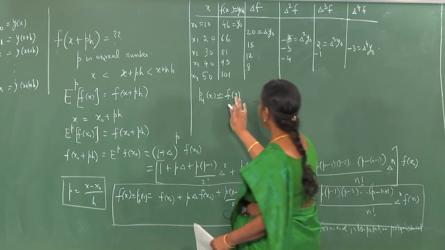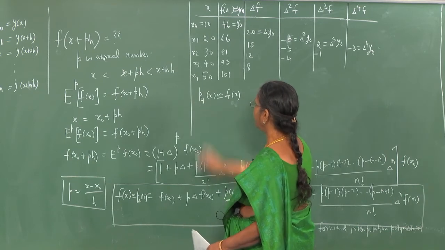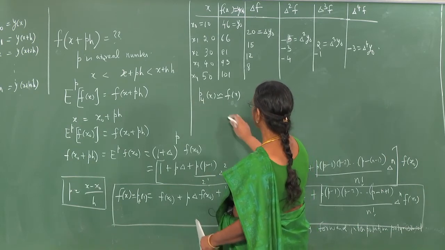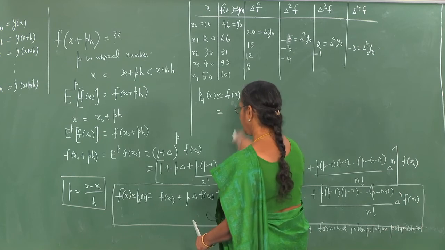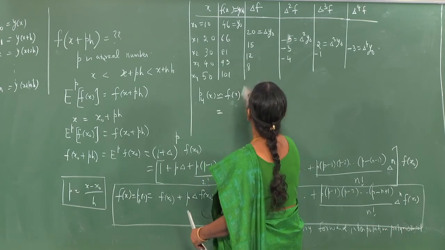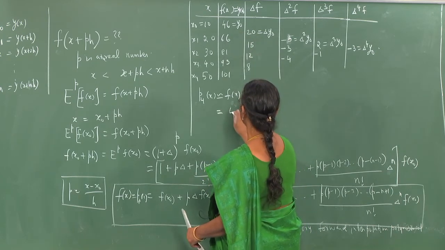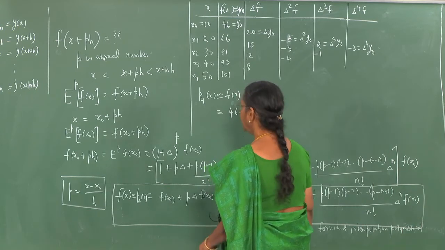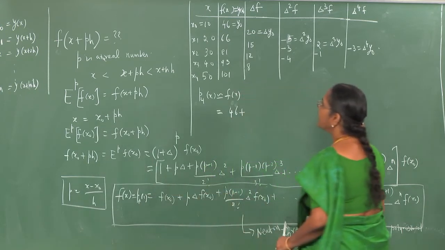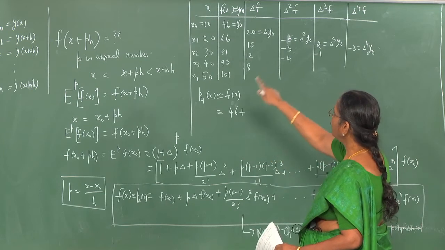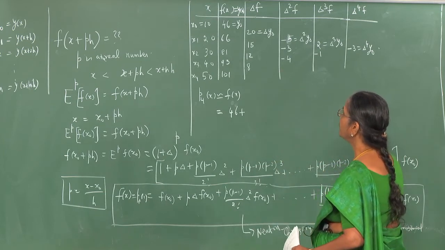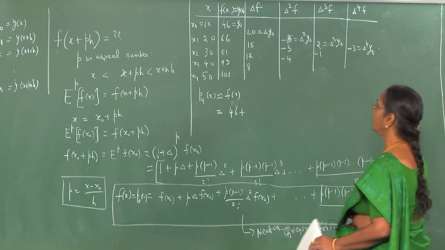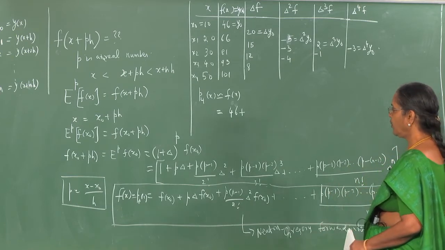So, f of x is approximated by p4 of x, which is nothing but f of x naught, that is y naught, which is 46, plus... I am not given any x value at which I require information. I am just asked to determine the interpolating polynomial.